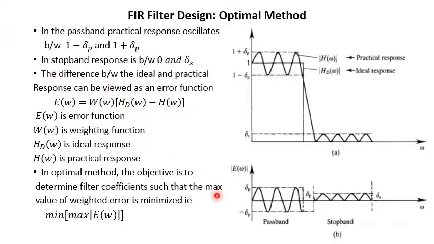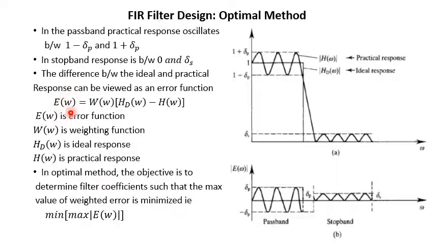Shown at the bottom of the figure is the error function, which in case of the passband has values between sigma of p and minus sigma of p, whereas in case of the stopband we have ripples that are between 0 and sigma of s, and this is what we call the error function. So the error function is defined as the difference between the ideal and the practical response, and it is mathematically described as E of W, which is the error function.